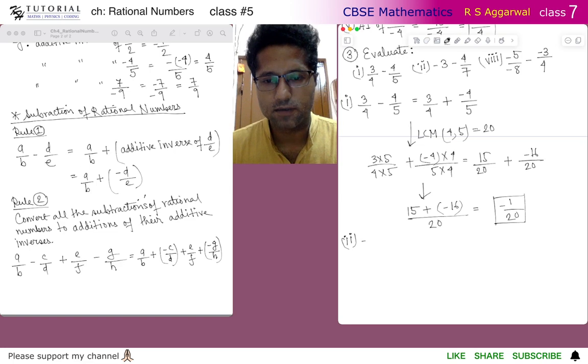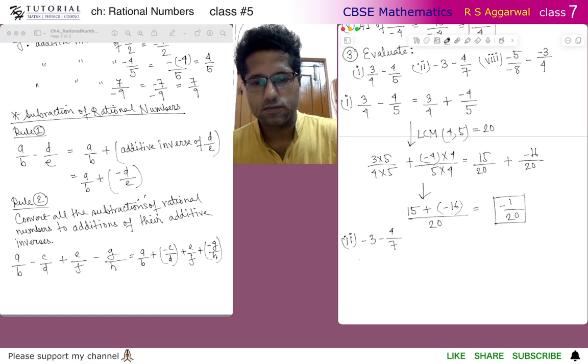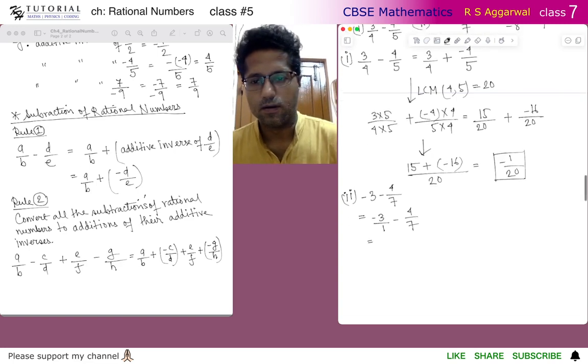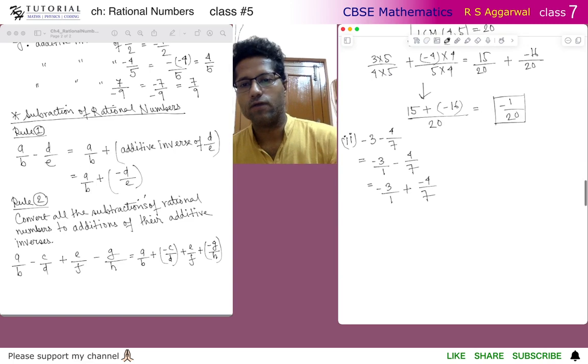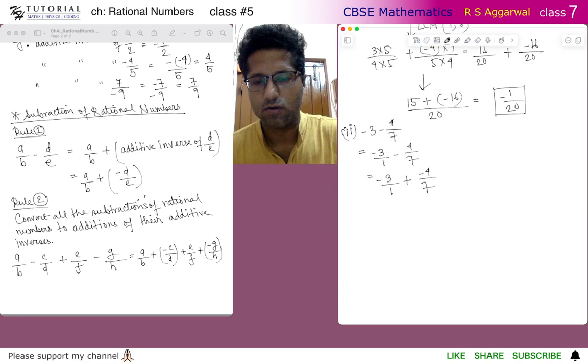Second one, it says minus 3 minus, we are subtracting 4 by 7 from minus 3. Okay. So this is nothing but minus 3 upon 1 minus 4 by 7. Now we will convert the subtraction operation to addition. So this is minus 3 by 1 plus the additive inverse of 4 by 7, that is minus 4 by 7. So now we have to add two rational numbers, and we see that both the denominators are positive.